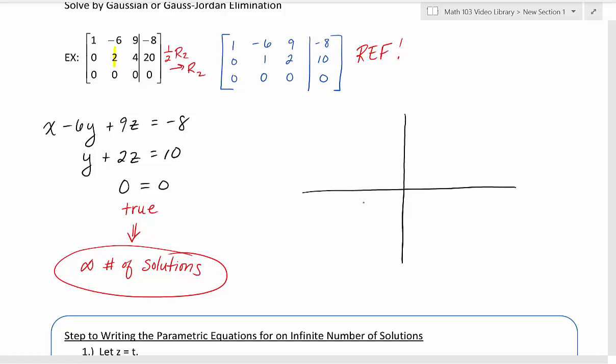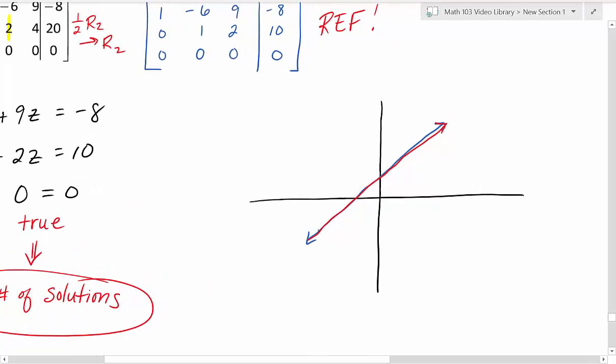When you have an infinite number of solutions, graphically, that means that we have the same line twice. That's why there's an infinite number of solutions, because there's an infinite number of points on that line. So there is indeed an infinite number of solutions.